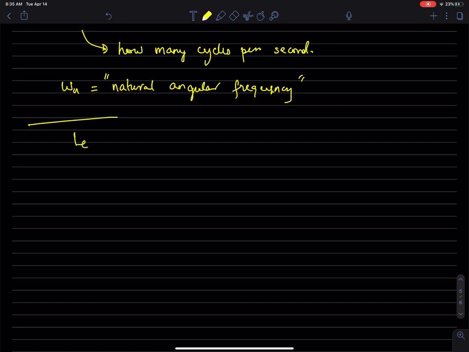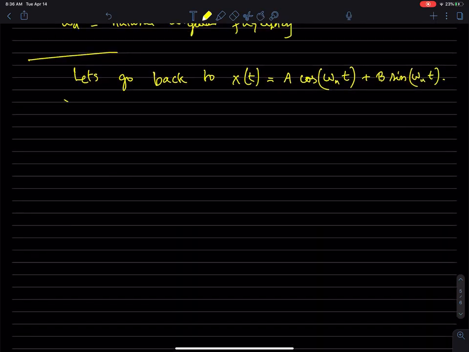So let's go back to x of t. This is a mathematical trick: let's multiply and divide by the square root of A squared plus B squared.